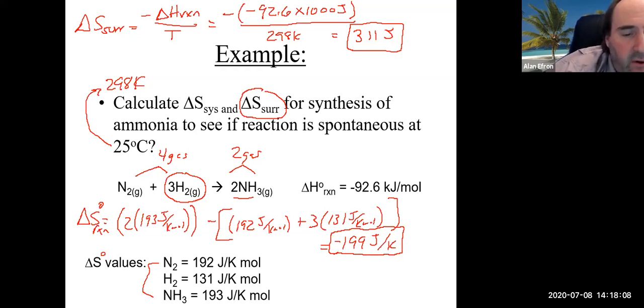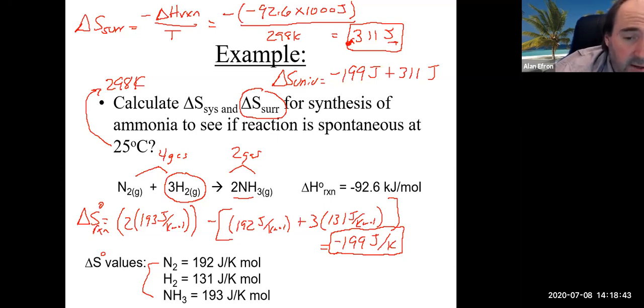So now that we have our system and we have our surroundings, and again, this is why I did convert it into joules, because to calculate the delta S of the universe, I need to basically add those together: minus 199 joules plus 311 joules. Now, if you left it in kilojoules, you're over here at 0.311, right? So you're going to run into some trouble if you don't convert them to the same units. That's why I did the conversion up here, so I didn't have to do it later.